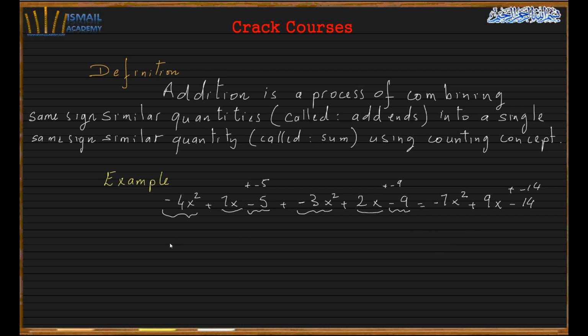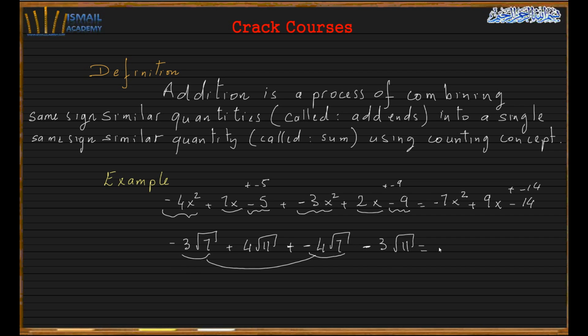If I have, for example, another number, 7 plus 4, 11, plus minus 4, 7, and here minus 3, 11. Again, those two are similar, same sign, so I can combine them.